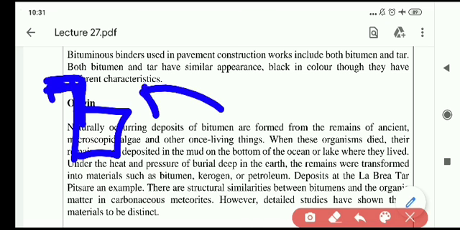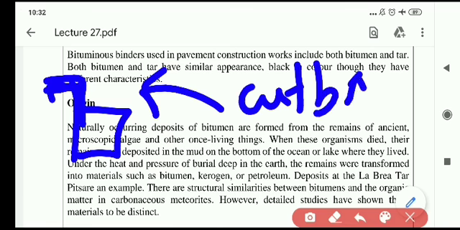If you add kerosene, petrol or diesel to this bitumen to change its property and to reduce its viscosity value, then it is known as cutback bitumen, because we are adding some extra material to it. That material should always be a volatile material. Then that bitumen is called cutback bitumen.